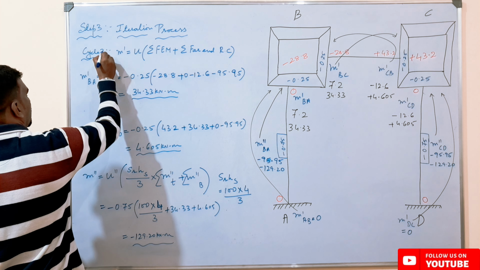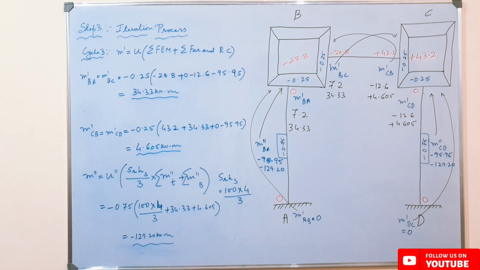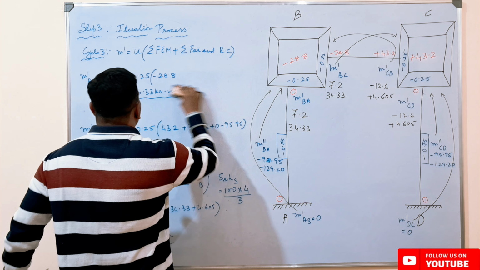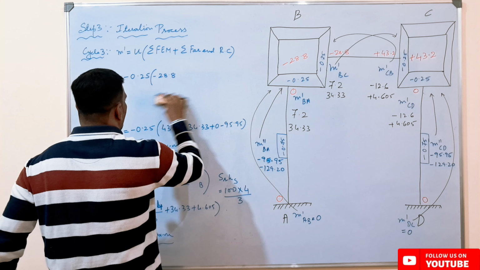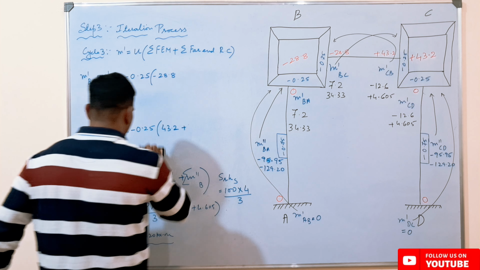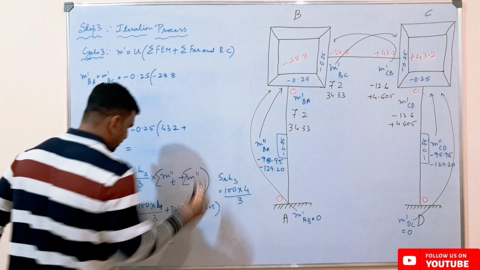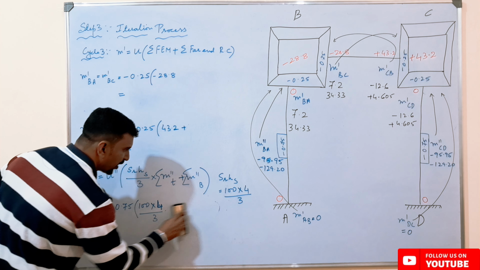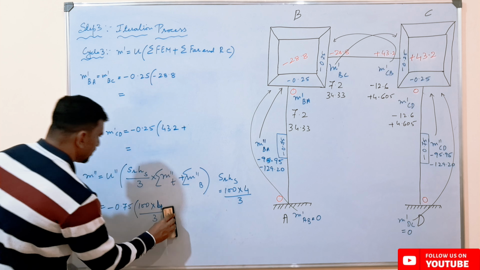So now going for the third cycle. Only the rotation contributions, the far end rotation contribution changes. So this value will change over here for the displacement contributions.